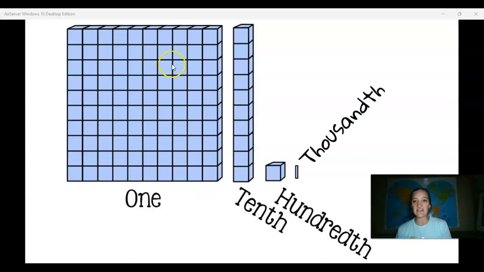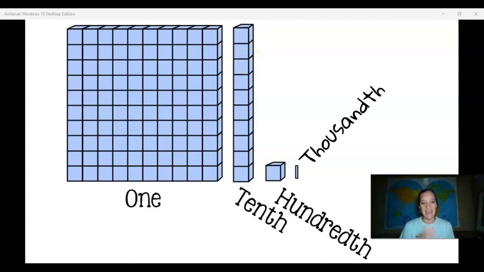If we consider this big block as 1 whole, like $1, one whole number, let's pretend that's how big it is. When you hear of a tenth, it is called a tenth because it takes 10 of these to equal one whole.